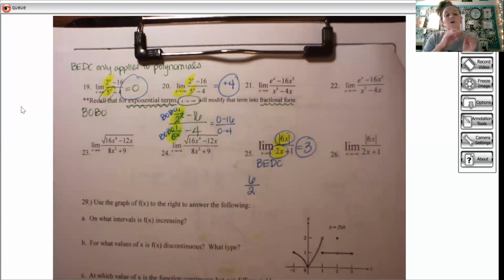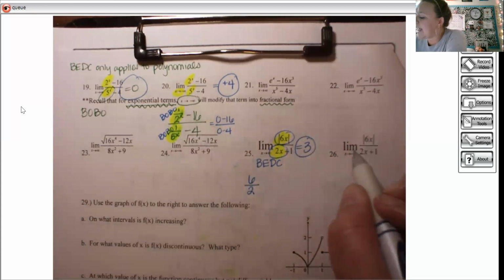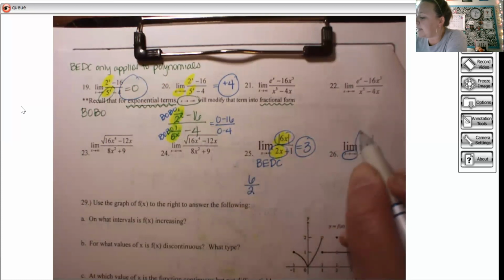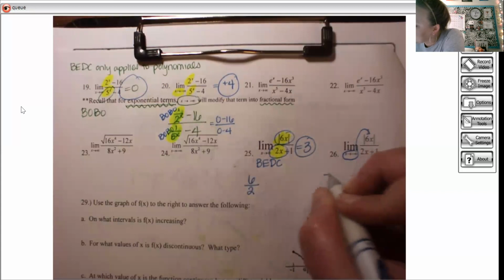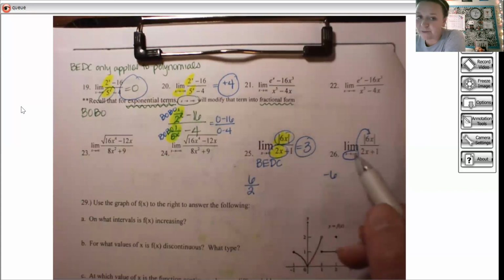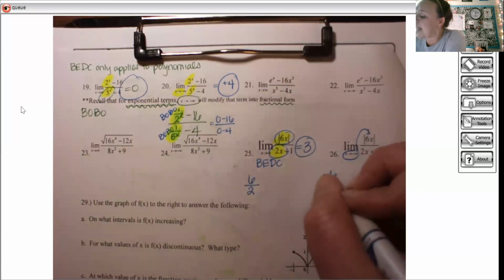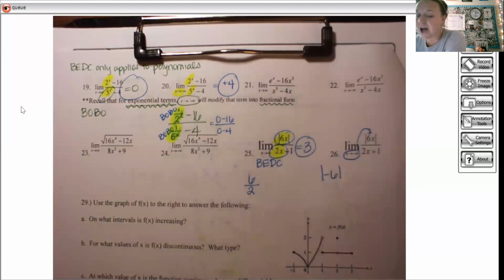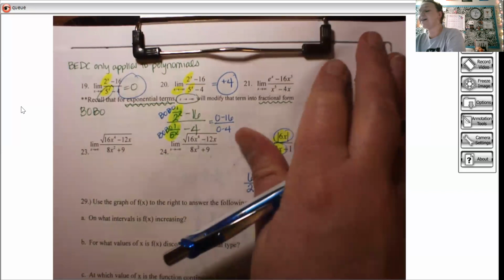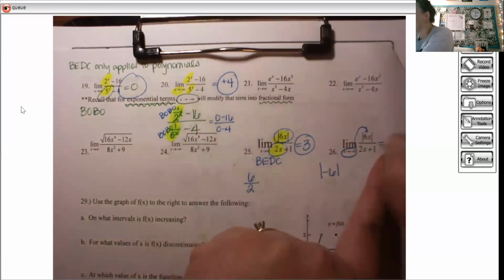Absolute values also can get a little weird if you go to negative infinity. Here's why. When I take my negative infinity and I plug it into the absolute value bars, I'm going to have negative 6 because of the negative from here, right? But I'm going to put it in absolute value bars. So really, that top 6x is really a positive 6x.